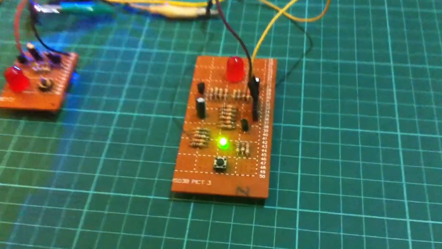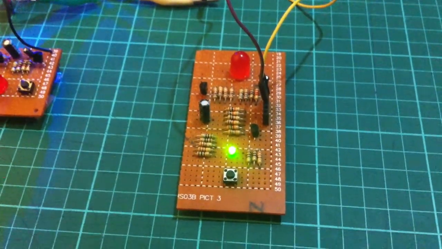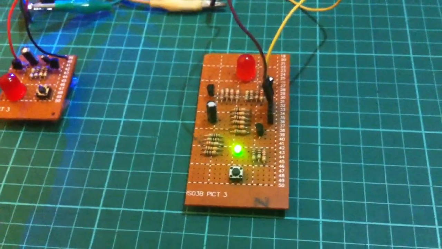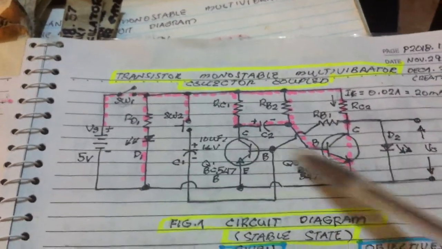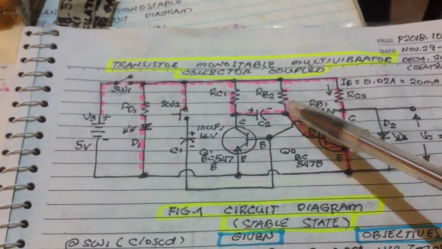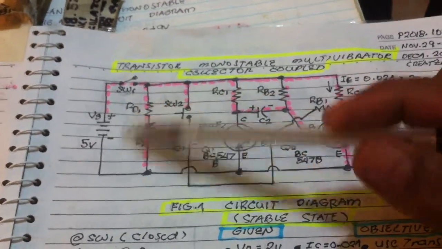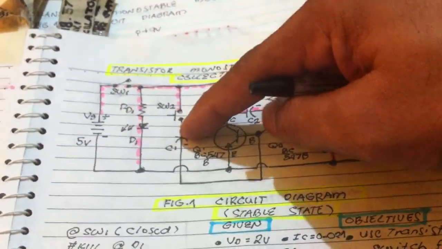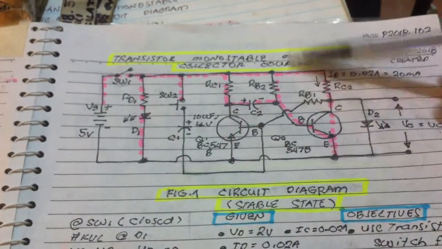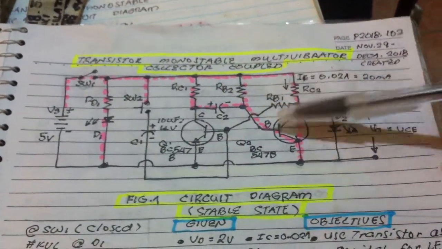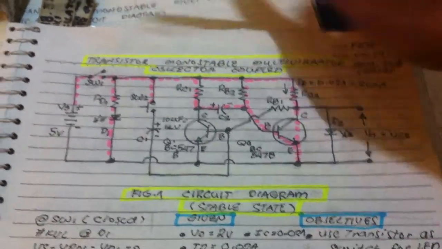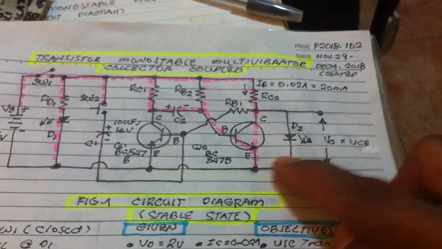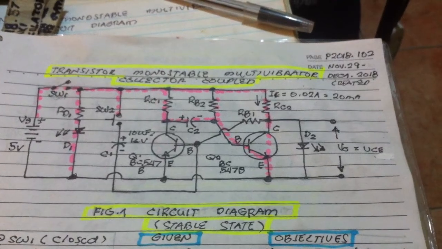Let us see the circuit diagram of this transistor monostable multivibrator, collector coupled. The circuit diagram is this: two transistors, collector coupled, the other one coupled by the capacitor, an LED power on indicator, a triggering switch to the base of the first transistor, some load resistors, a base pull-up resistor, and an LED connected to transistor 2, where we are going to take the voltage output.